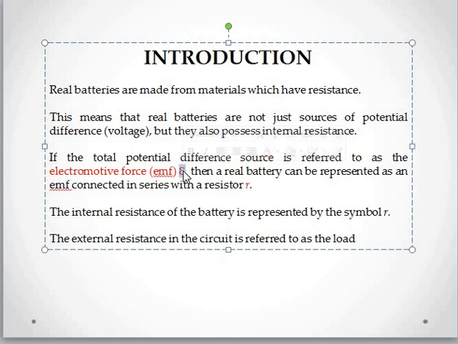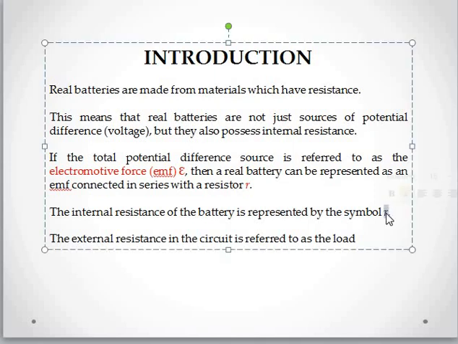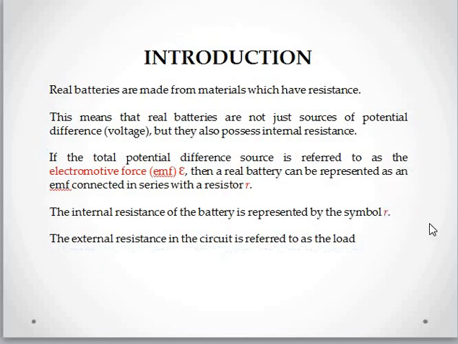Okay, so the total voltage produced by the battery is epsilon, and then there is going to be some internal resistance, small letter r, which is going to consume some of the energy. And then there is also going to be the external resistance, which is the appliances that you need to power. Okay, so those are going to be consuming the rest of the energy when the small amount has been consumed by the internal resistance r. Okay, so that is what we're going to look at right now.